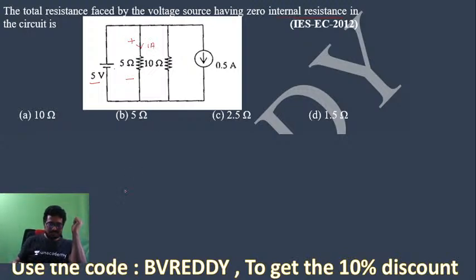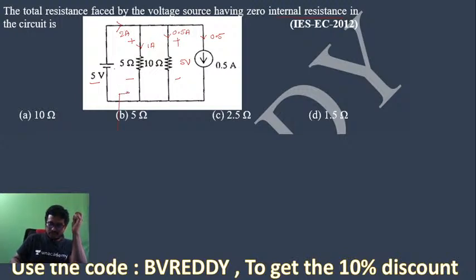1 ampere. Now here this voltage is also 5 volts only. So how much is this current? This is 0.5 amperes. Now the total current, how much is this value? This is 2 amperes.